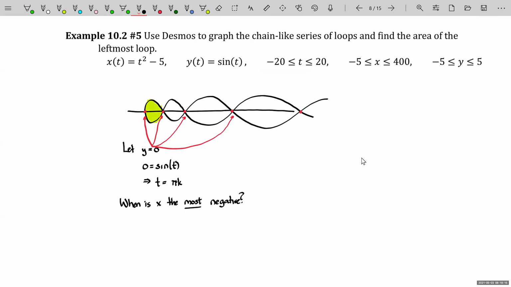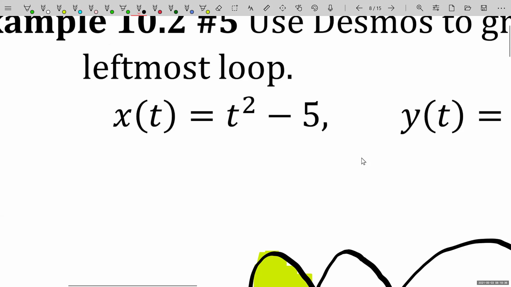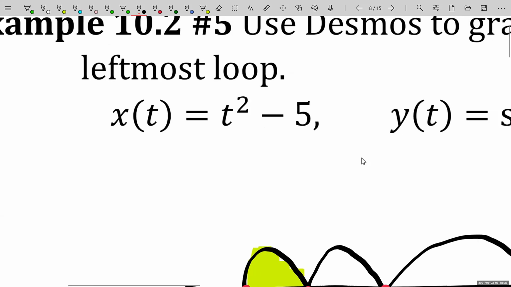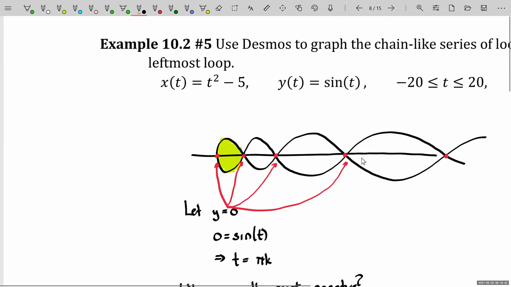Let's list out a few integer multiples of pi, like negative 2 pi, negative pi, 0 pi, 1 pi, or 2 pi, right? These go on forever in both directions. But if you were to look at this x function and try to plug in any of those values, the only one that will give us the most negative value is t equals 0. I'll highlight that.